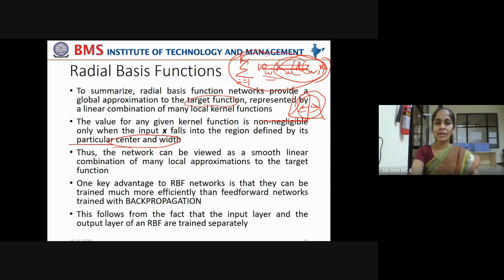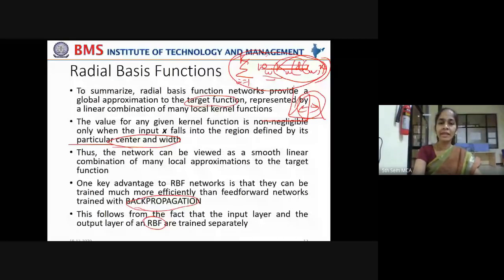Now, one key advantage to RBF networks is that they can be trained much more efficiently than feed-forward networks trained with back propagation. So it is observed that radial basis functions are more efficient in performance when compared to back propagation in neural networks. This follows from the fact that the input layer and the output layer of an RBF are trained separately.